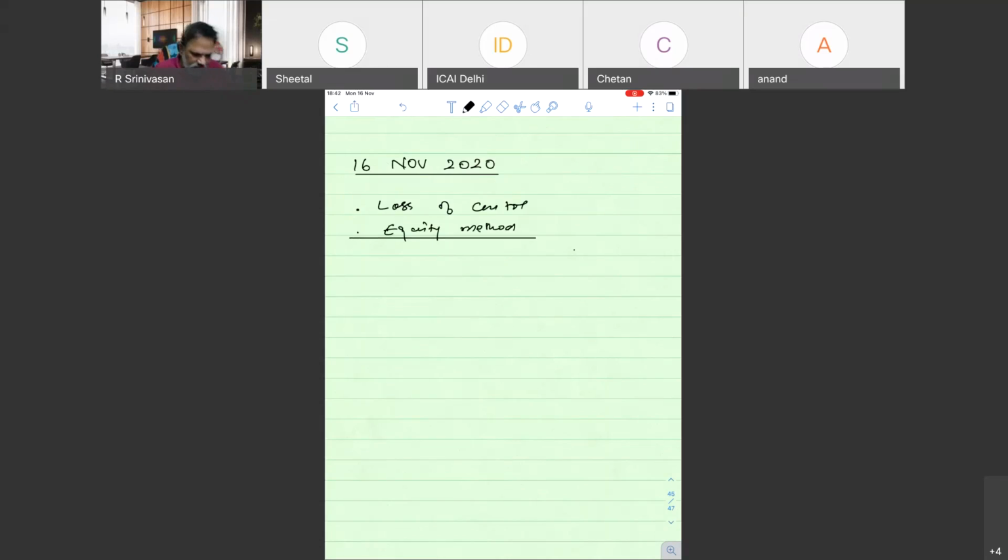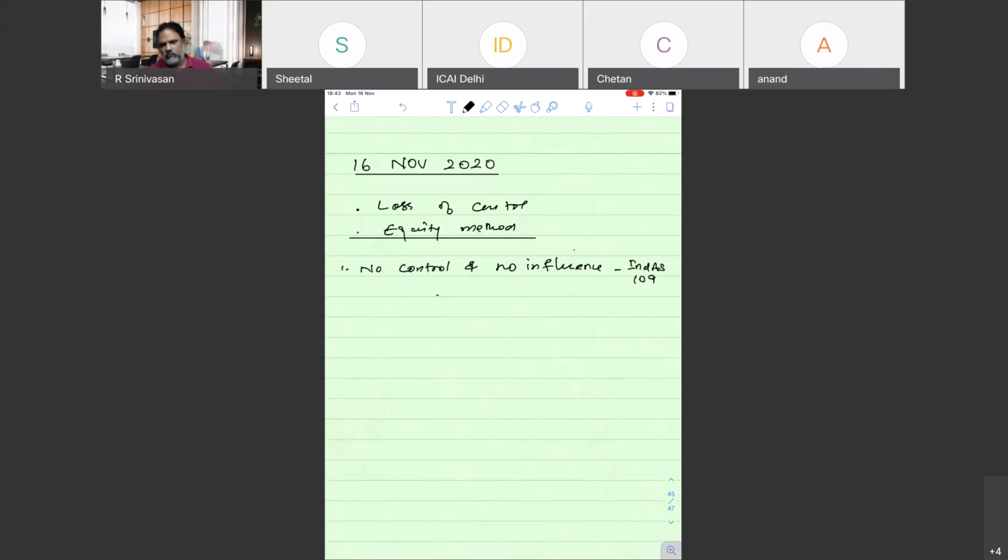Okay, here some of the things we are supposed to understand is no control and no influence. No control and no influence, then we have to follow Ind AS 109.